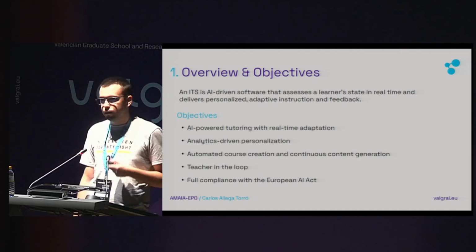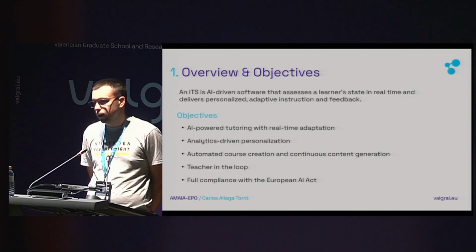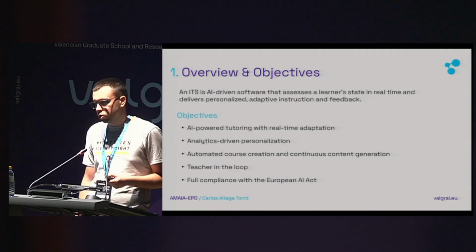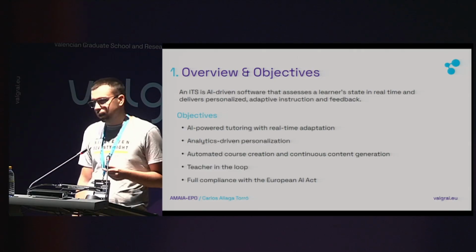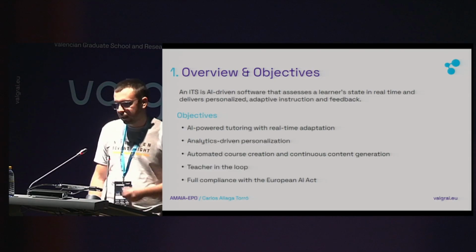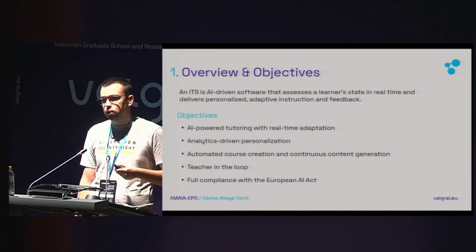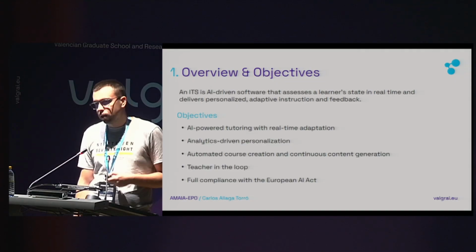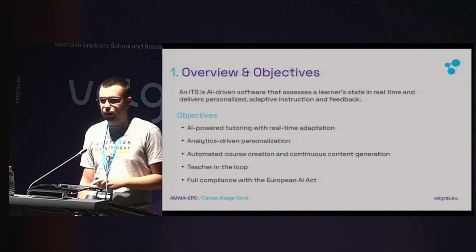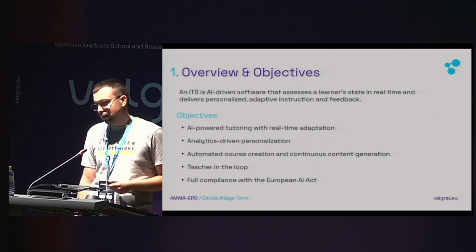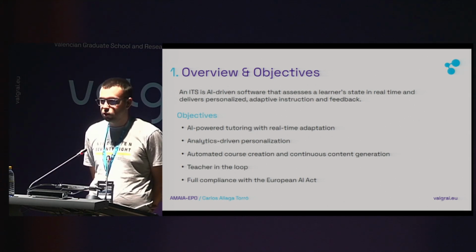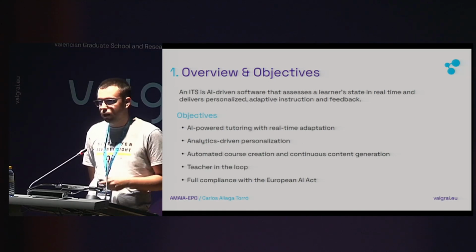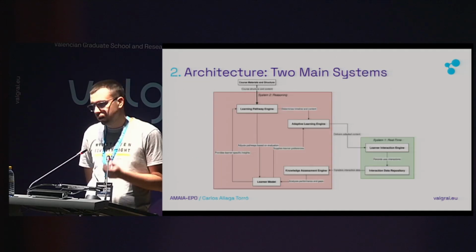The objective of this PhD project is to convert this traditional ITS system to use artificial intelligence with multi-agent architectures that can learn in real time about the analytics of the student, automate course creation and continuous content generation, always taking into account the role of the teacher, and also the new European AI Act that will classify education as a high-risk field.